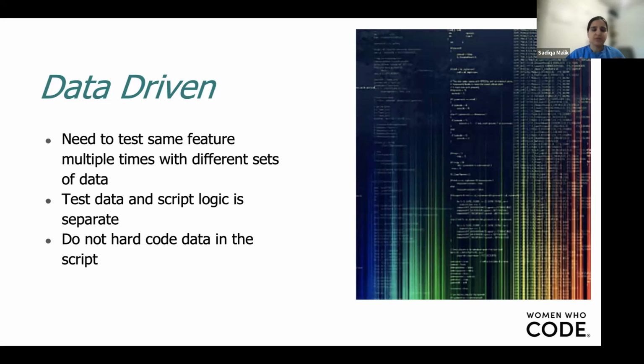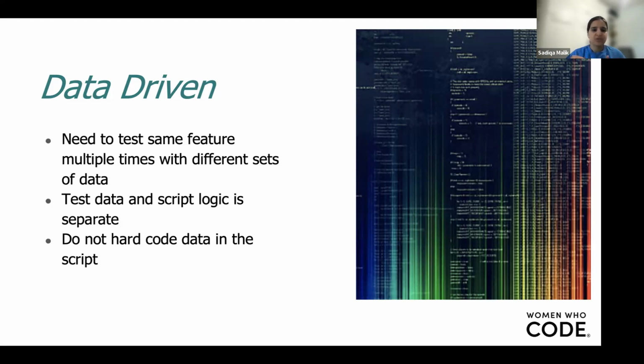In a data driven framework, you have a test script that is going to be executed. It's the same test script that you will execute for multiple, different data sets. A simple example is going to be a login test case where you need to test multiple scenarios of valid username, invalid username, valid password, different combinations of password, right?